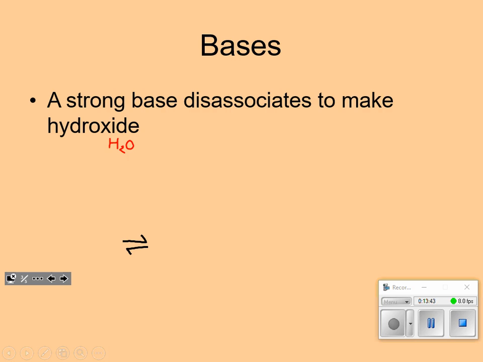A strong base will dissociate to make hydroxide. For example, sodium hydroxide, the example I gave you for the calculations to start class, is a strong base. A lot of ionic bases are strong because a lot of ionic compounds completely dissociate in water, especially if that ionic compound contains hydroxide.